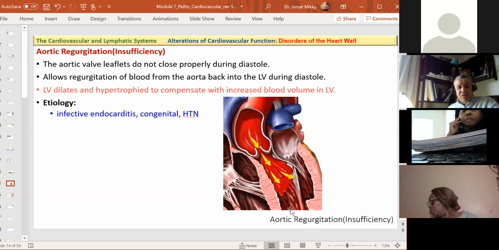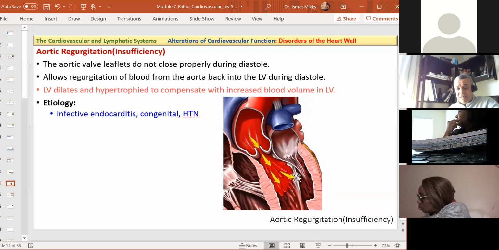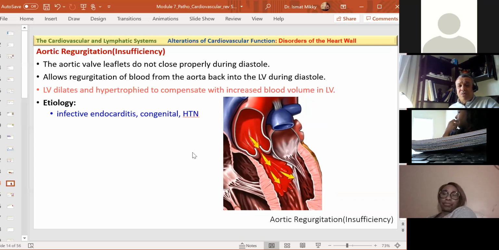The left ventricle will eventually dilate and result in hypertrophy of the left ventricle, because it will attempt to compensate for that increased blood volume backed up from the systemic circulation into the left ventricle. Patients develop aortic regurgitation due to infective endocarditis, congenital disease, or hypertension, and for the most part will be asymptomatic, no symptoms for many years.